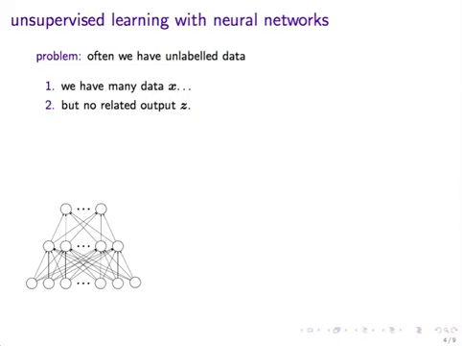Now to a different structure. All of our previous slides have discussed the use of neural networks for labeled data. In all instances, we assumed a dataset X, Z. But what happens if we do not have these labels?